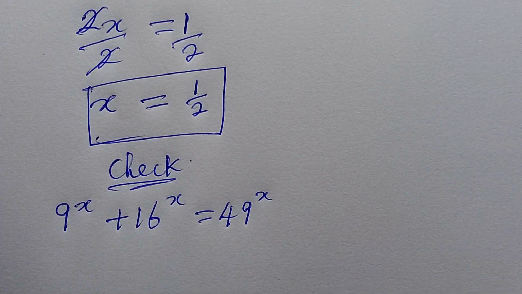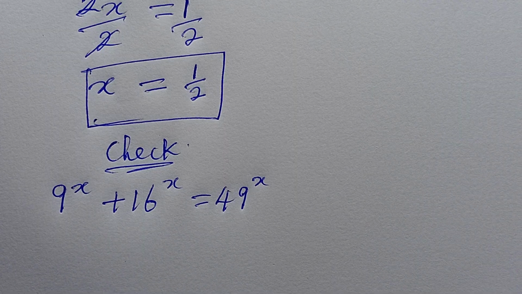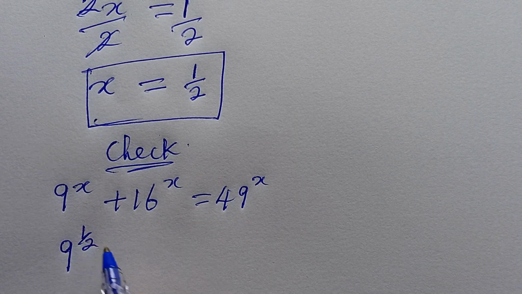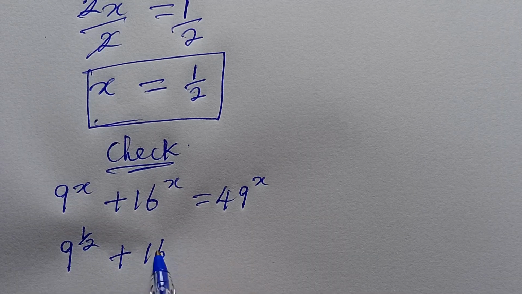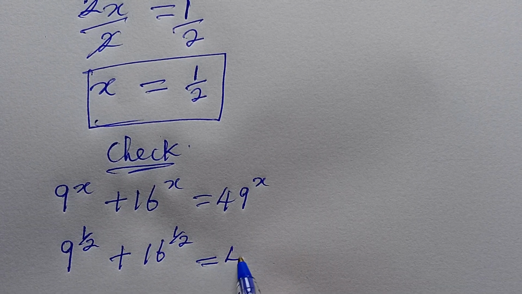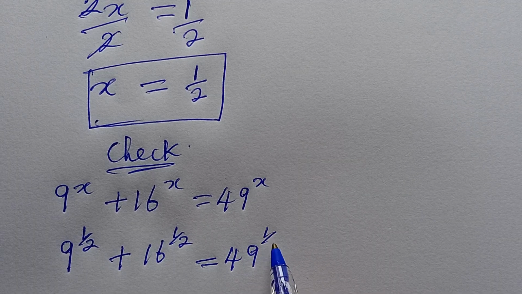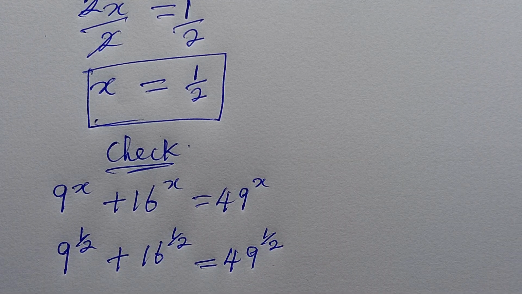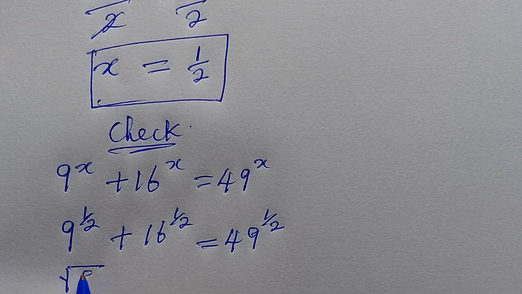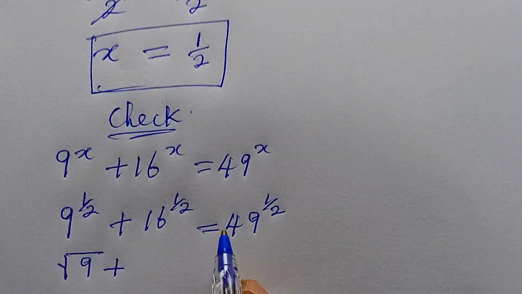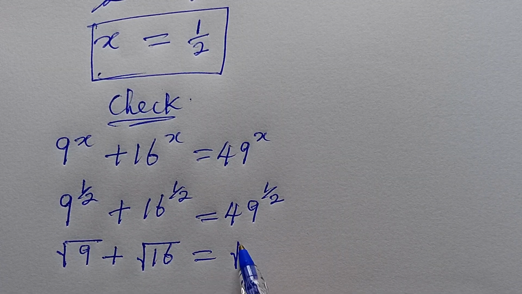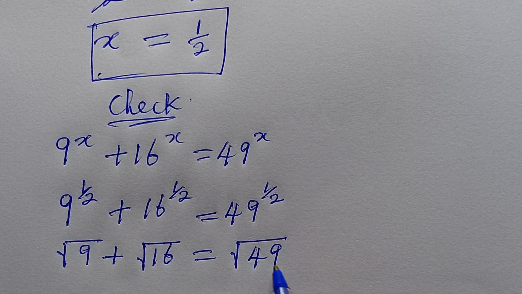Substituting 1 all over 2 into this is going to give us 9 to the power of 1 all over 2, plus 16 to the power of 1 all over 2, equal to 49 to the power of 1 all over 2. And 1 all over 2 as a power could be written as the square root. So the square root of 9, plus the square root of 16, equals the square root of 49.